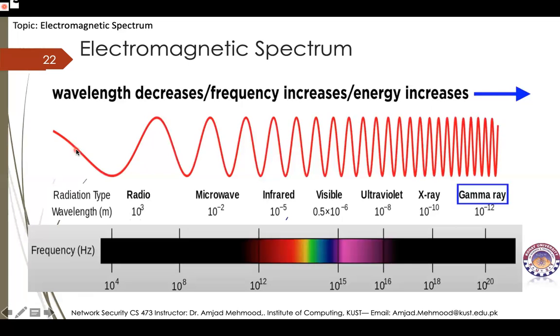Here you can see the size of the wavelength increases. So if the size of the wavelength increases, the frequency will decrease. Here more frequencies are passing through the vertical line, so definitely their wavelength is decreasing, but their energy is increasing, as they are inversely proportional.